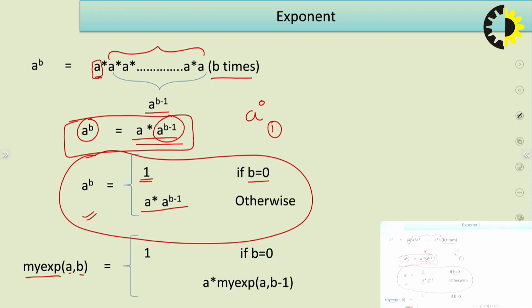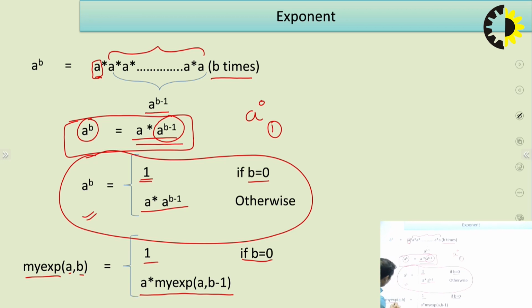We write 1 when this base case matches, otherwise a into myexp, the same function, for the different parameters a and b minus 1. This is one parameter, this is another parameter. So convert this into the programming syntax.